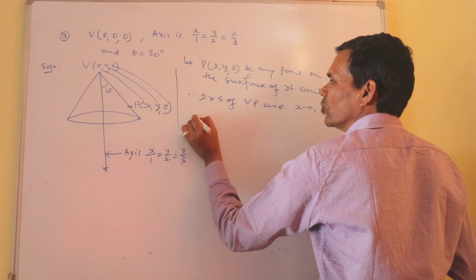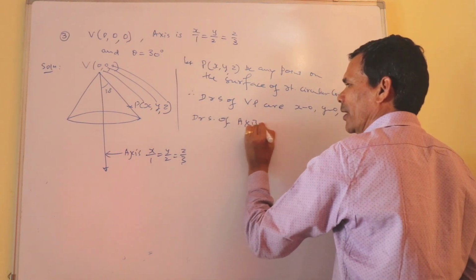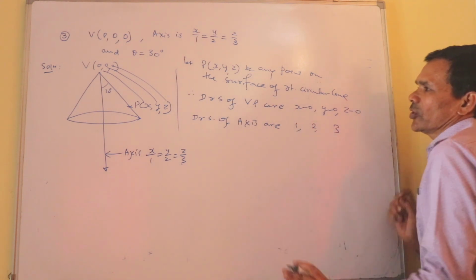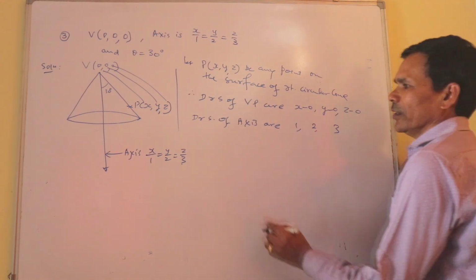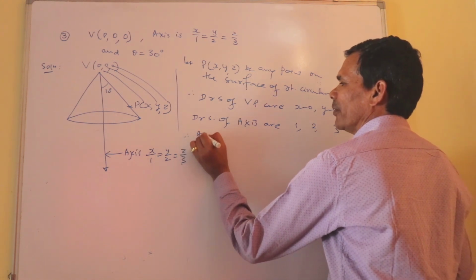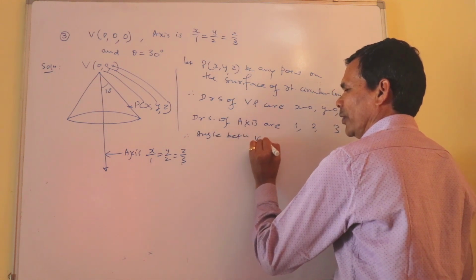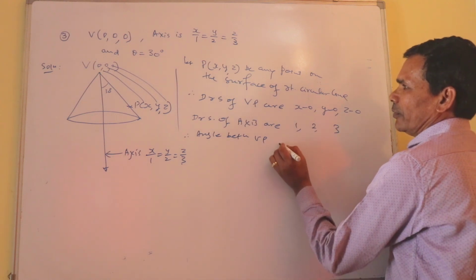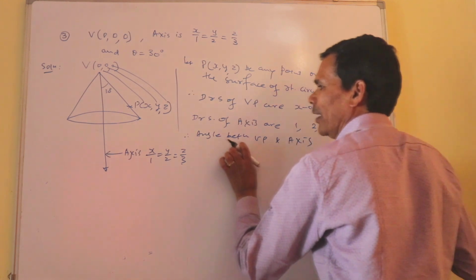And the direction ratios of the axis are 1, 2, 3. Therefore, the angle between VP and axis is given by the formula.